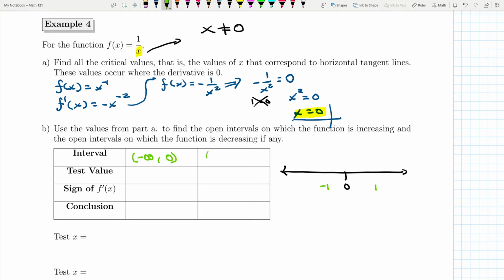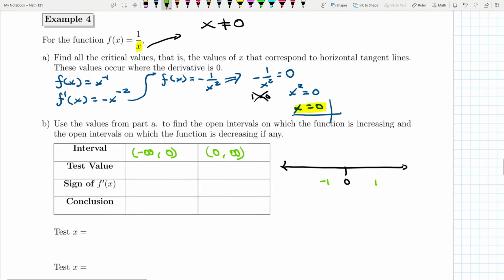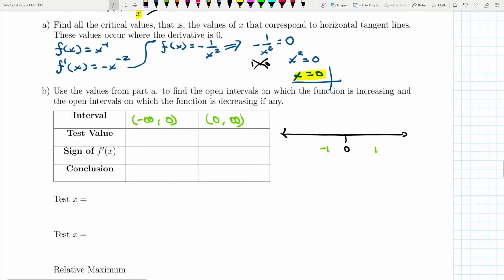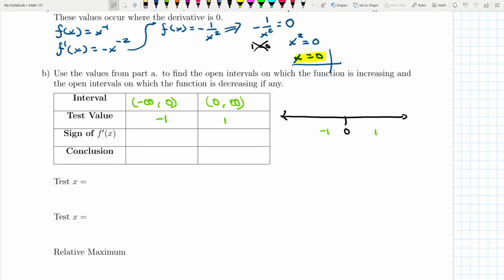Those are the intervals that we break this number line into when we plot these critical values. We're going to choose test values and find the sign of the derivative. So we are going to test x equals negative 1 and x equals 1.